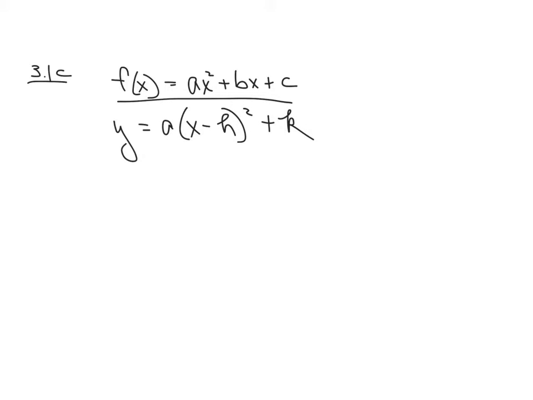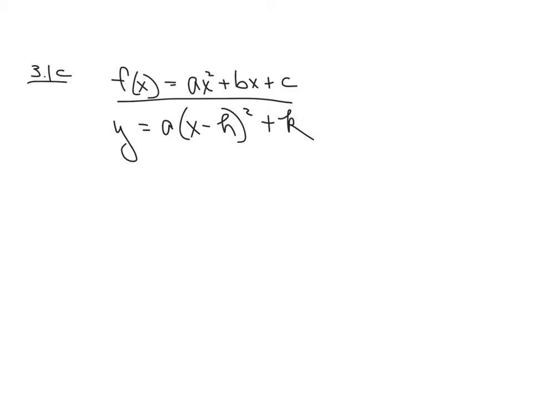Get used to dealing with parabolas, an h and a k. When it's written in this way, a couple things I want you to recognize. Again, when this number here is positive, my graph opens upward like this. When this a is negative, it opens downward like that.